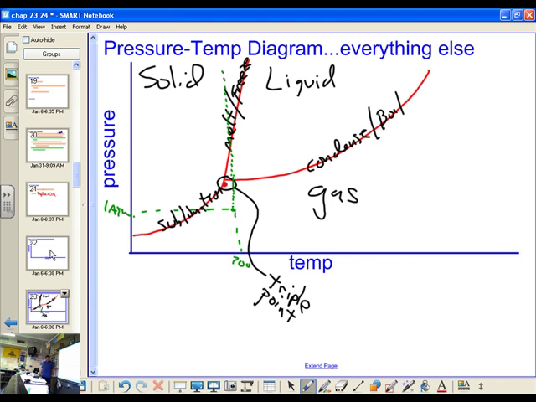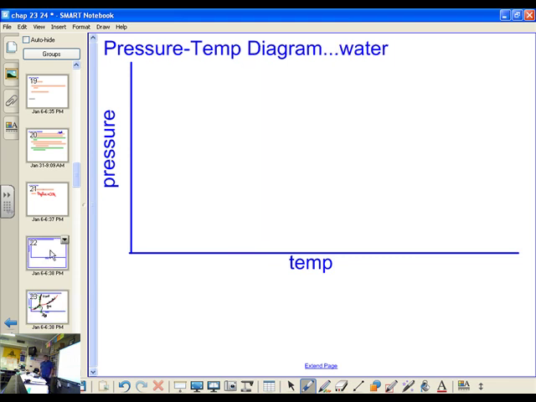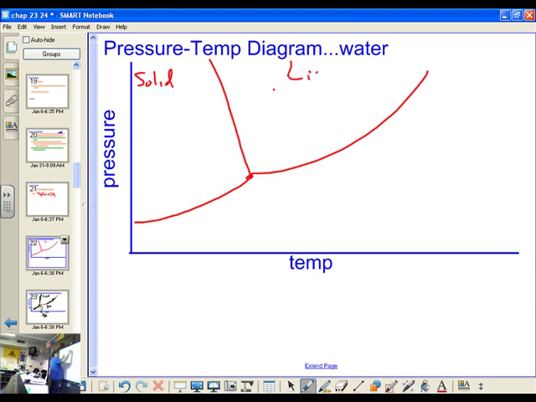So let's go to water. Water is different from everything else. Now, the first two look the same, but for water, instead of going up and to the right, it goes up and to the left. So we still have our solid, liquid, gas.